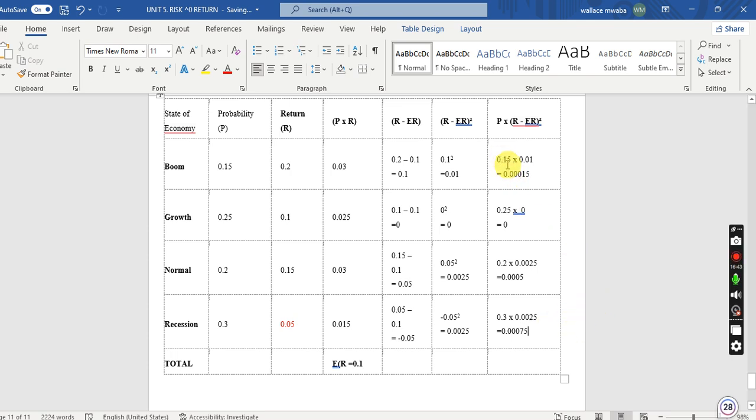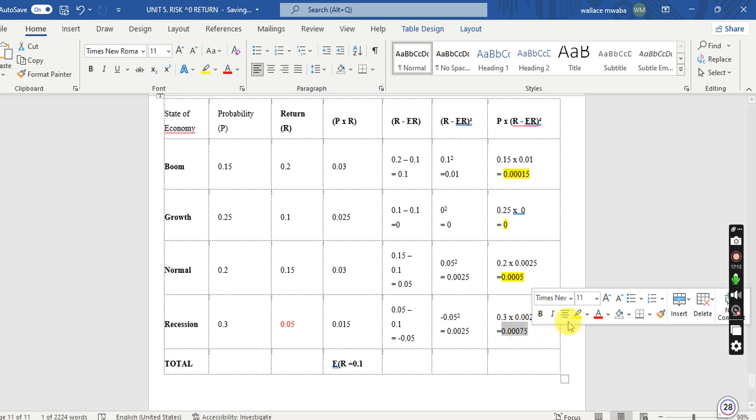After we multiply the probabilities by each of these numbers, we just total them up. So we're going to say 0.00015 plus 0 plus 0.0005 plus 0.00075.